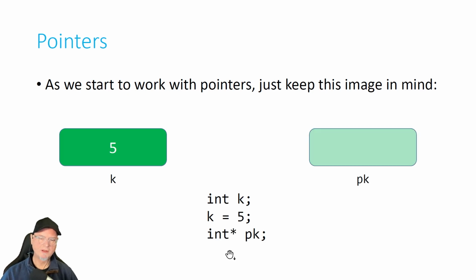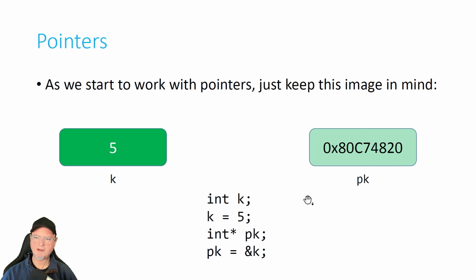Well, now we have a pointer to k that we've declared, and that sets aside a different amount of space. It's still green, but notice the shading is a bit different, and this designates that it's a pointer, and it's going to hold the address of k. And so the address would be in hexadecimal.